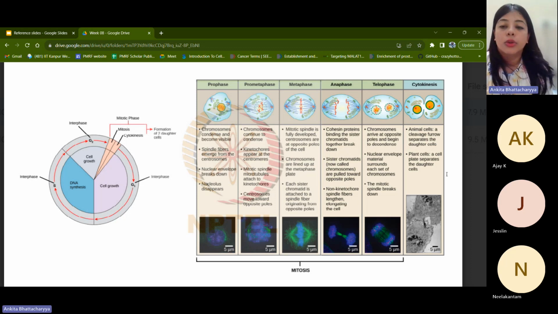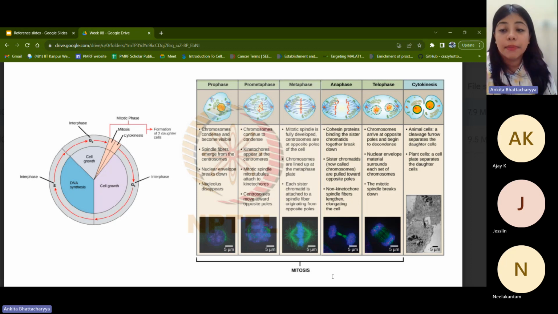During telophase, chromosomes arrive at the opposite poles and begin to decondense, and nuclear envelope material takes up the surroundings of each of these chromosomes. The mitotic spindle will break down, and then finally a cleavage furrow will be formed through which the two daughter cells are separated.